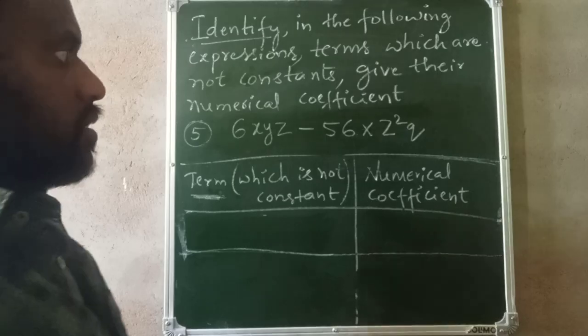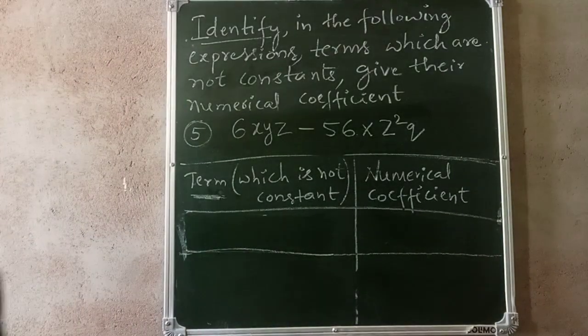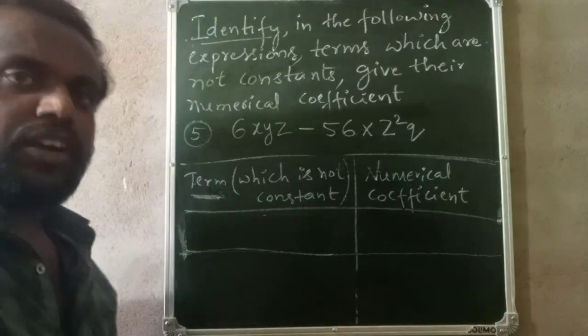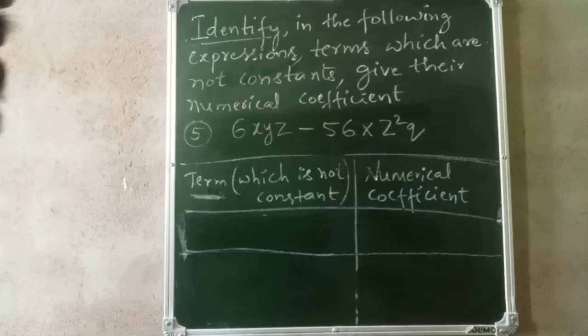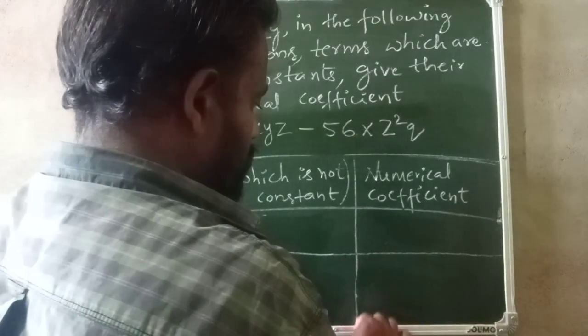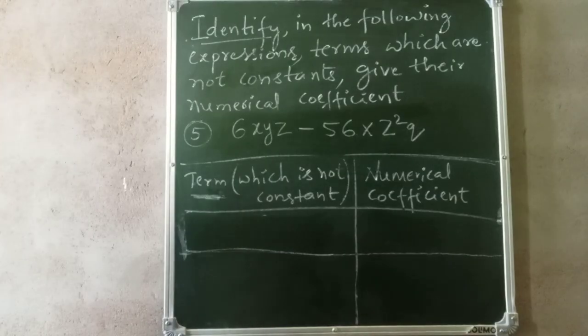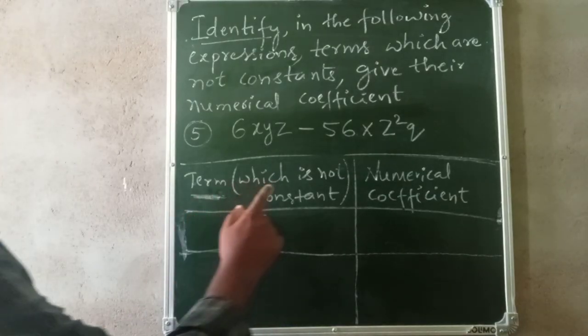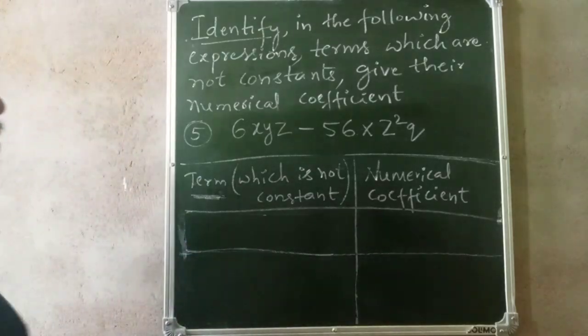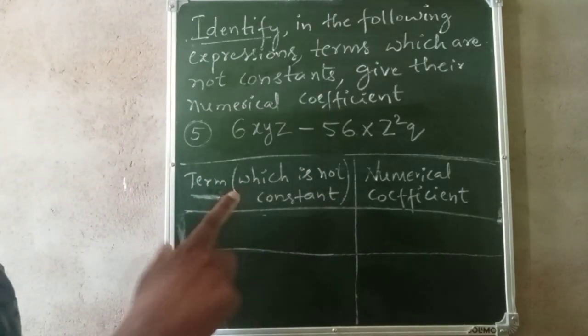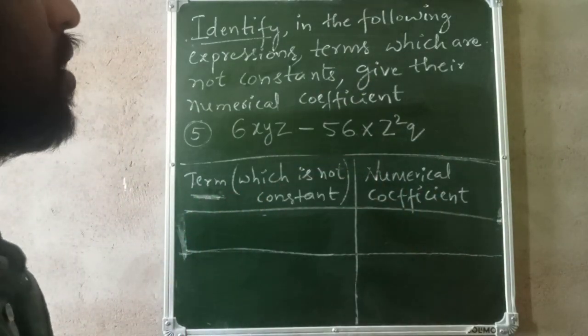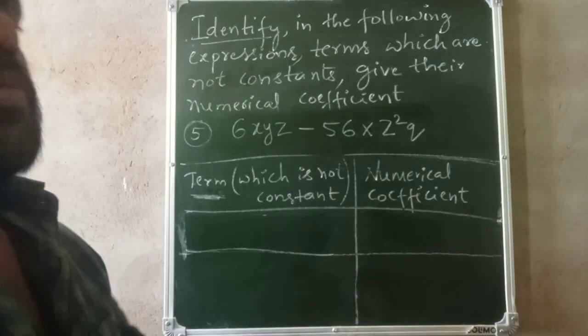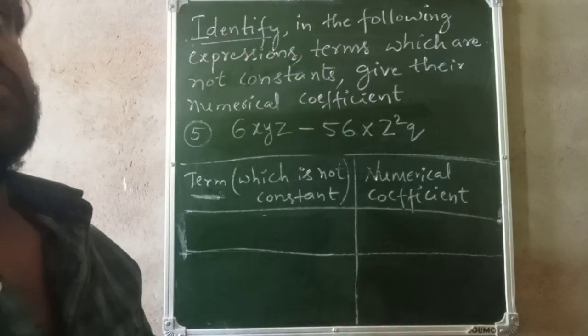See here, what students usually confuse. Here we want a term which is not constant. First, how many terms are there that you identify? I said terms are separated by the plus or minus sign.